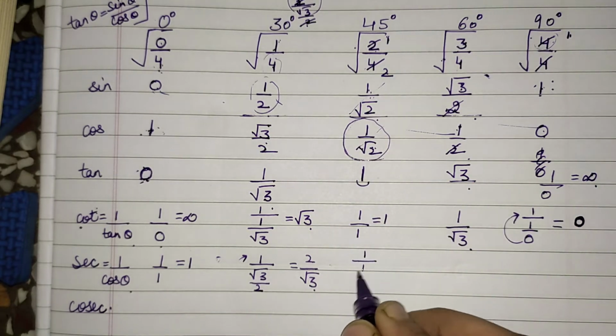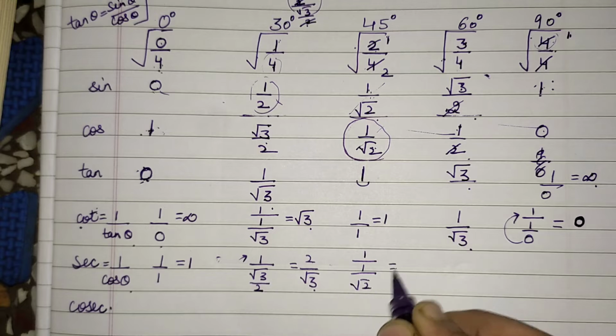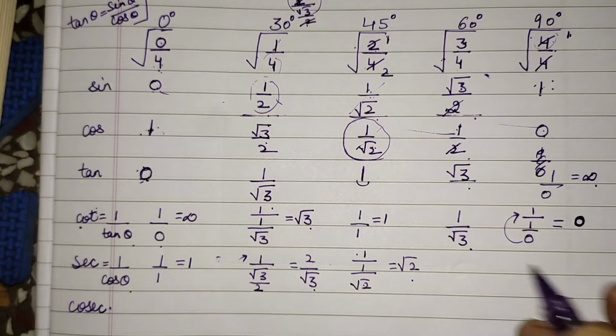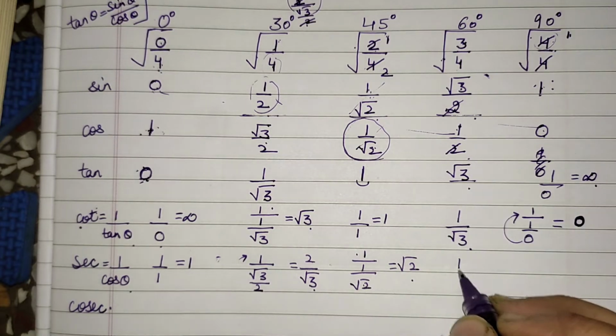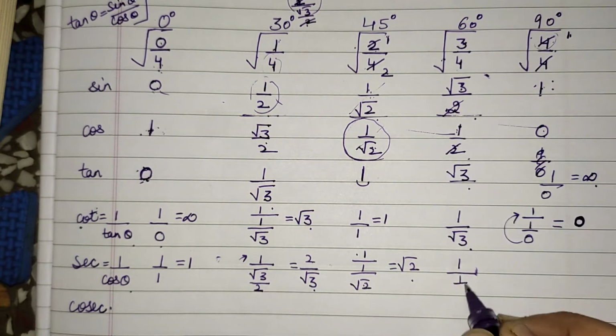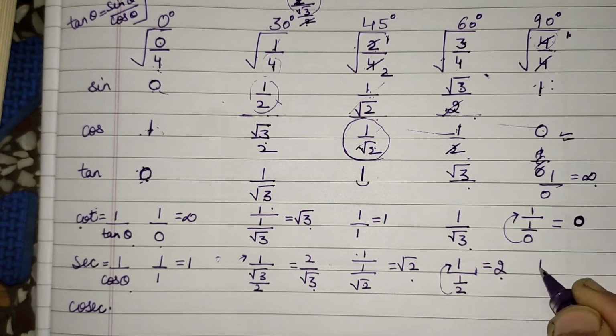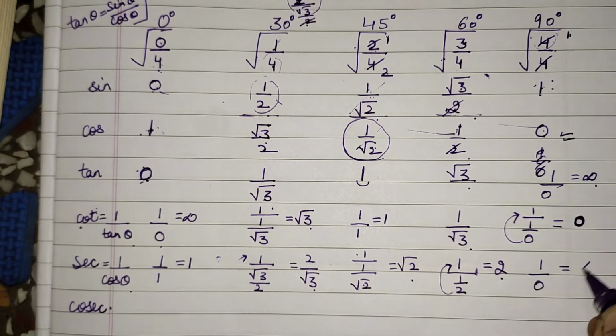So 1 upon 1 by root 2 is equal to root 2. Next 1 by 1 by 2, this 2 goes to the upper side and it becomes 2. Now coming to this, it is 1 by 0, and 1 by 0 will become equal to infinity.